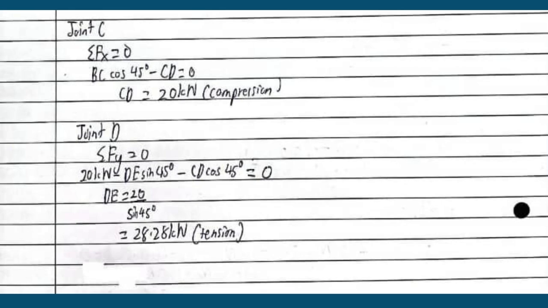Then DE will get 20 divided by sine 45 degrees, which equals 28.28 kN in tension.